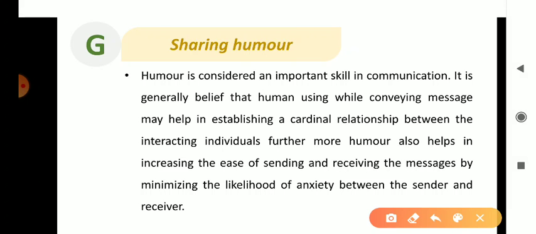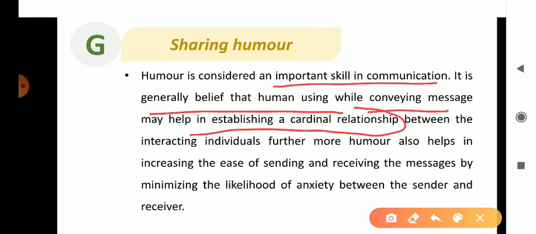Humor is considered an important skill in communication. It is generally believed that humor while conveying a message may help in establishing a cardinal relationship. Cardinal means main or important relationship between them while interacting with the individual.